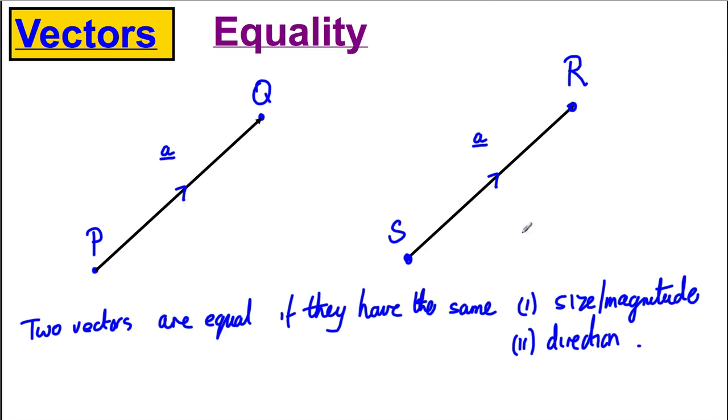Now, although these vectors start and finish at different points, that doesn't mean they're not the same. They are the same because they're exactly the same length. The same length from P to Q is the same length as S to R, and they are going in the same direction. That is how vectors are equal. Vectors do not have to start and finish at the same point to be equal. So that's what equality is.